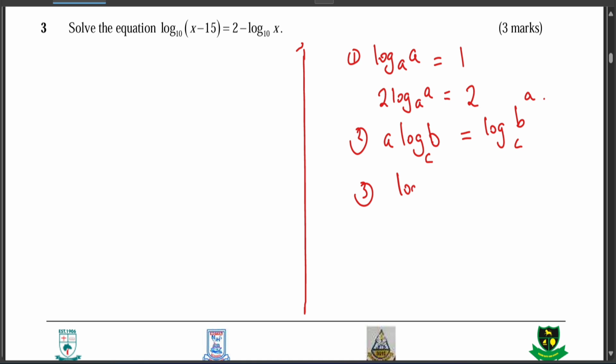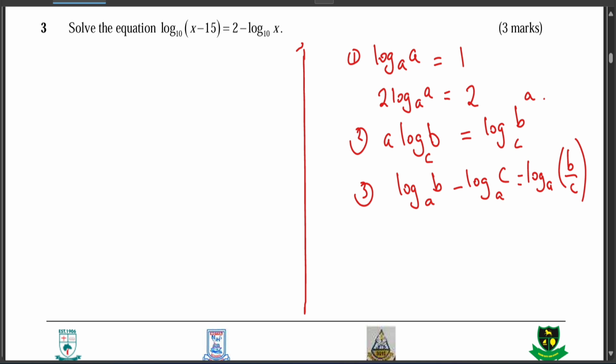If you have log b base a minus log c base a, it will be equivalent to log base a of b over c. I think it is very easy to understand, and to implement it will be much easier.